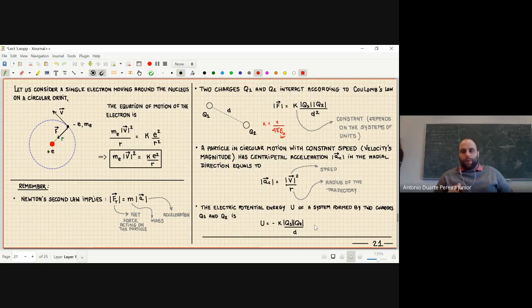So you probably have learned about gravitational potential energy. I can ask, what is the gravitational potential energy of this pen when I place it at this height?